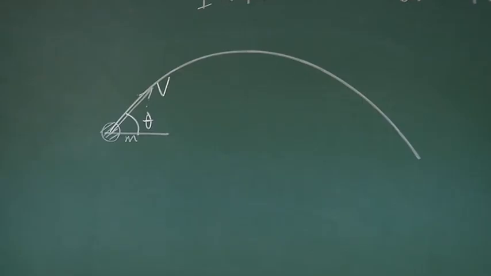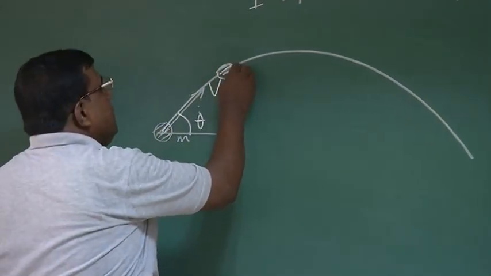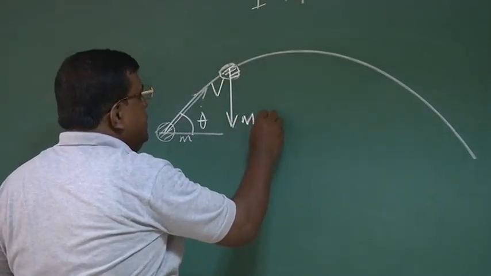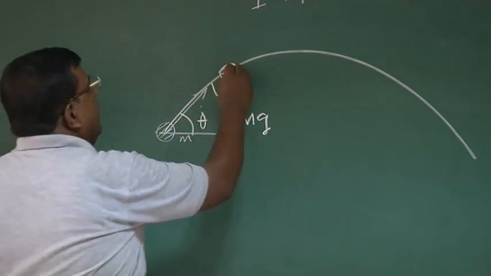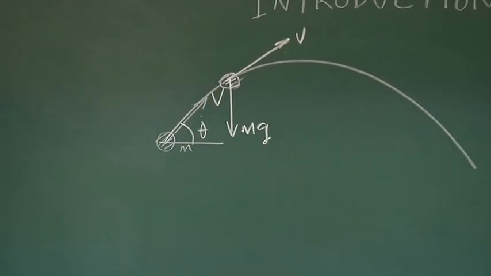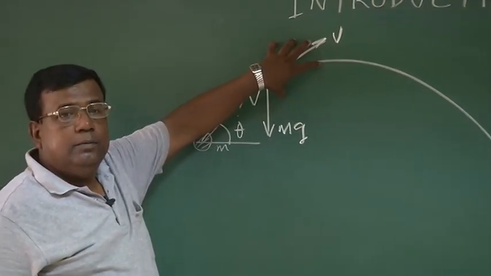What actually happens here? As I launch this body, there is gravity, mg, which tries to pull this body, and the body has a velocity v. What is the effect of this force on this velocity?